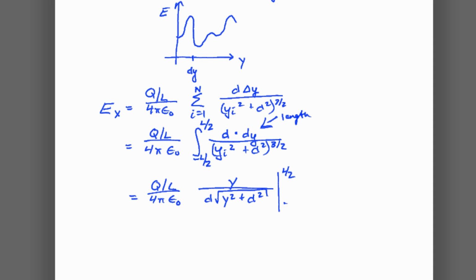It's a definite integral, so we'll have to plug in our full range of lengths, which is what we'll do next. When you evaluate that integral, it ends up becoming y over d times the square root of y squared plus d squared. So now we evaluate this from negative L over 2 to L over 2.